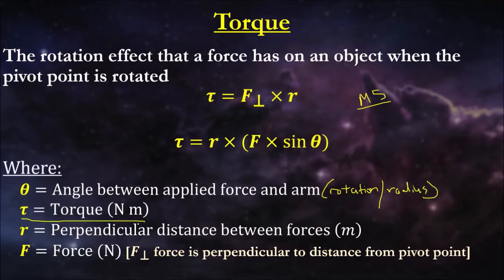Tau is torque. It's given in newton meters. r is the perpendicular distance between the forces. F is given in newtons because it's a force. Obviously, F with this little shape here refers to the perpendicular force that is applied onto the radius.